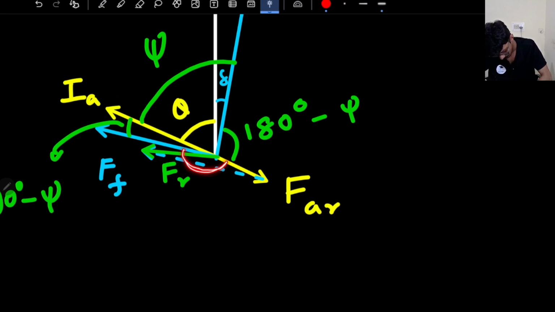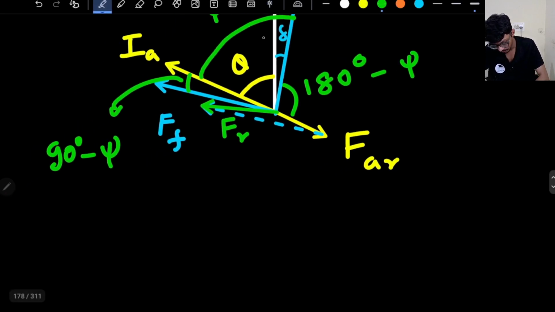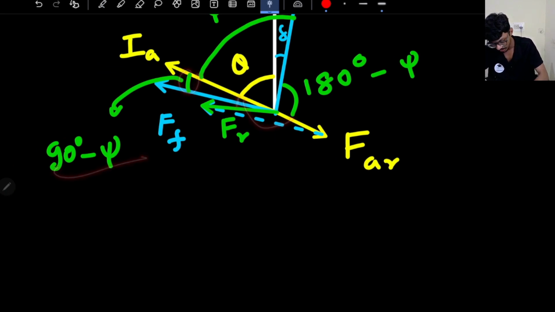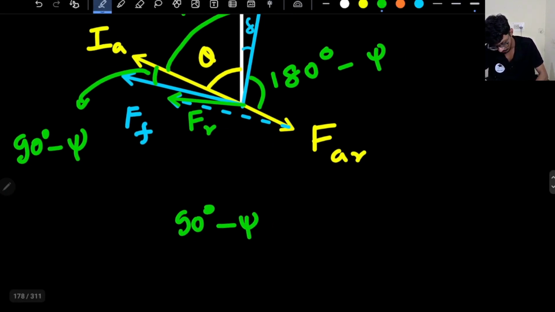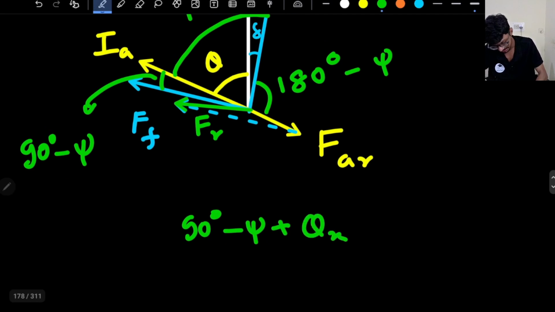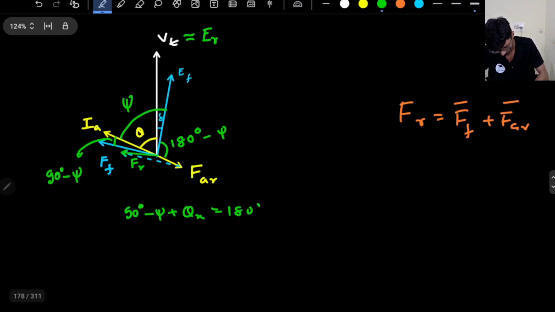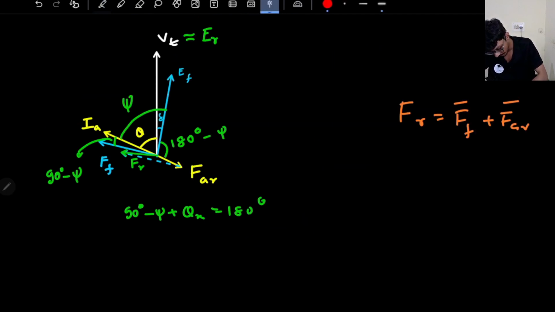Now we have to find out this angle. How will I find it? This whole angle is 180, and this much angle is 90 minus xi. So 90 minus xi plus theta x is equal to 180. This whole angle is 180, it is just opposite.